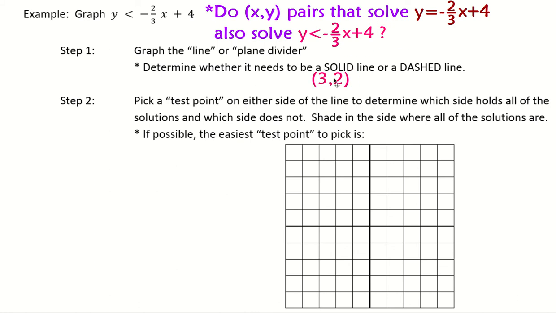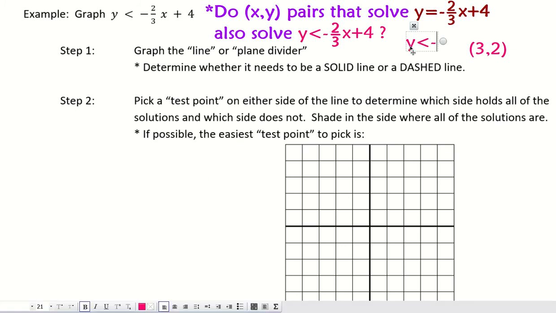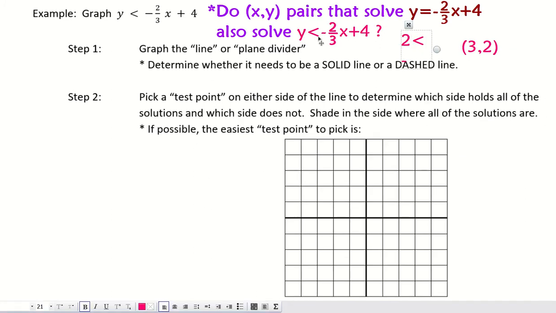All right, so 3 comma 2, if you plugged it in here, there would be a 2 right here, right? If you plugged in 2 for y, you would have a 2 over there. On the right side, you would do negative 2/3 times 3, which gets you negative 2, and then when you added the 4, you would end up with 2.